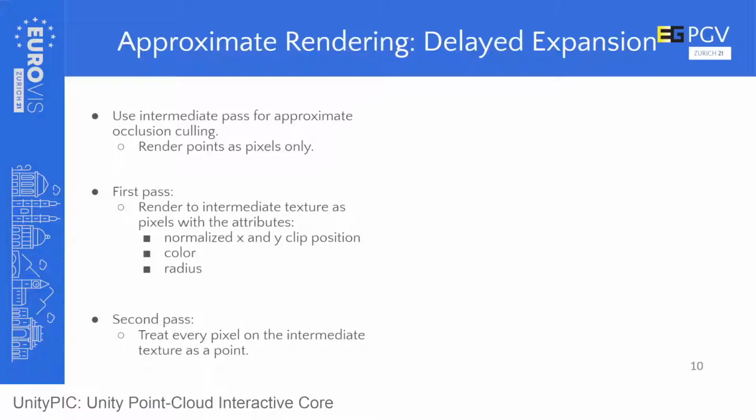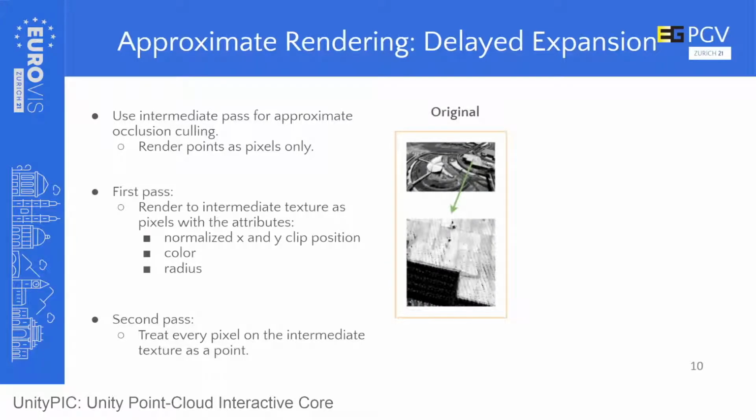Moving on to the approximate rendering algorithm, the goal of the approximate rendering algorithm is to reduce overall GPU shader operations. The original rendering pass is simple, which is to generate a quad for each point and render the quads. Now, this process can be wasteful if you consider the typical point budget and the typical number of pixels available on the screen.